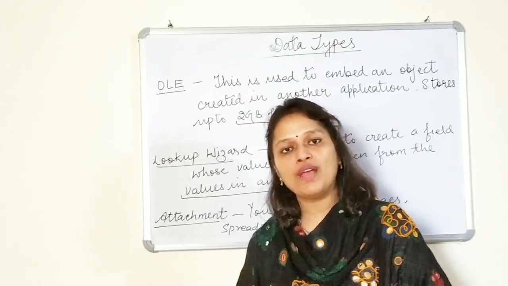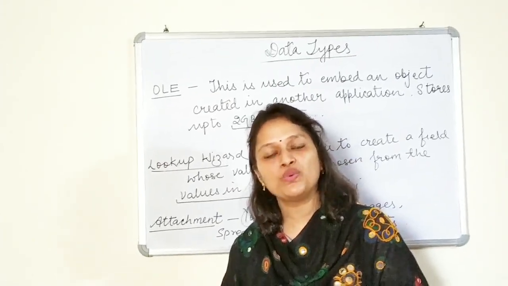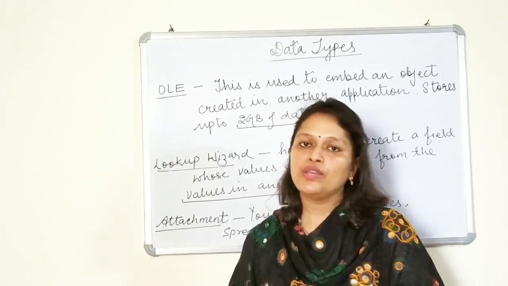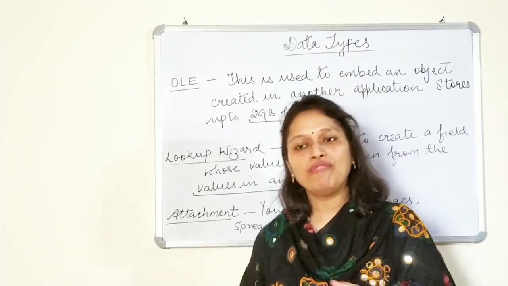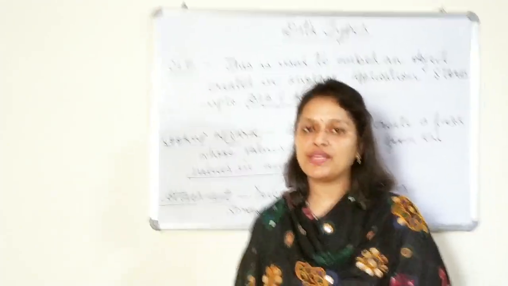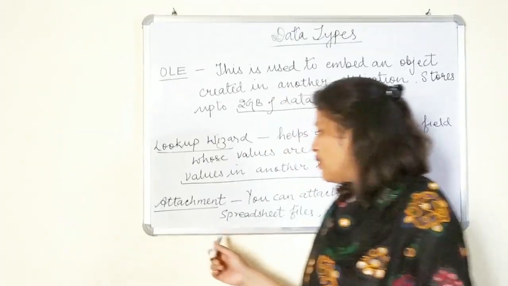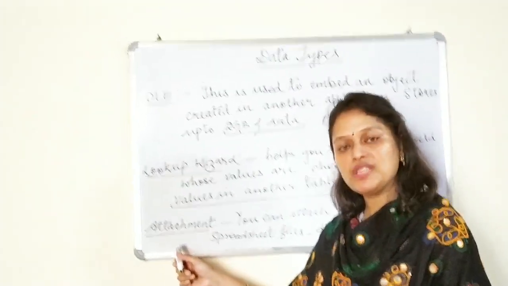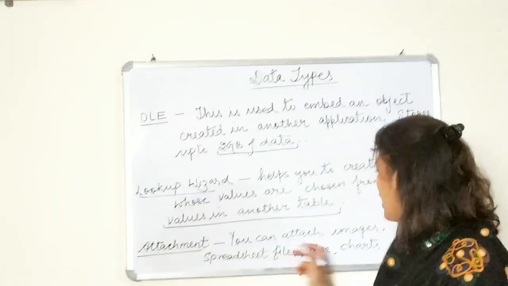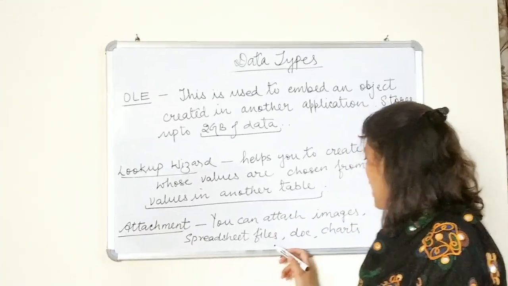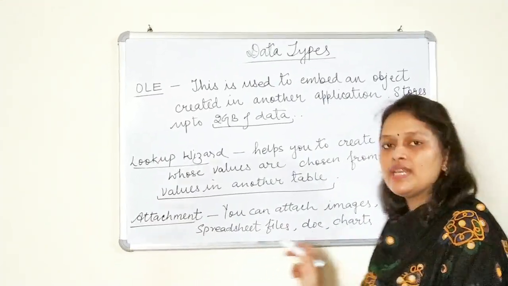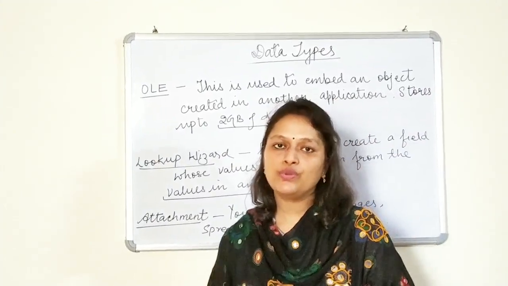Recently you have sent your assignments, your unit test to your teachers. You clicked the picture of your UT and sent it as an attachment. In a similar way, attachment is used in Access also.